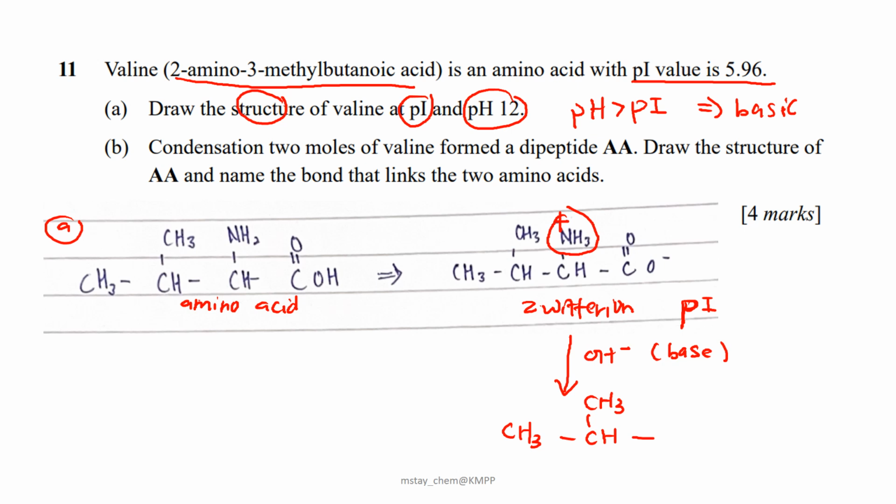OH minus will react with the NH3 plus, so it will become CH, CH, and then the NH3 plus will become NH2, and here we still maintain COO minus. After that you have to mention this is the structure when the pH equals 12.